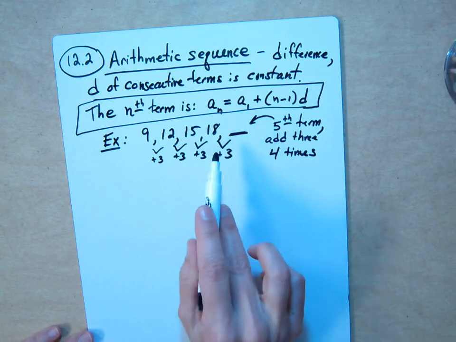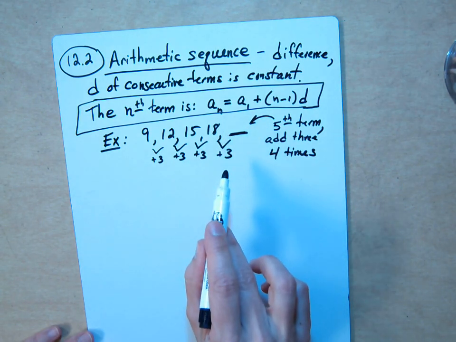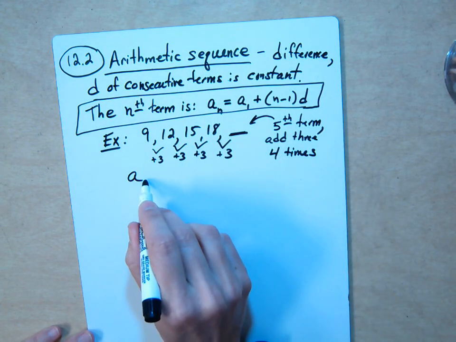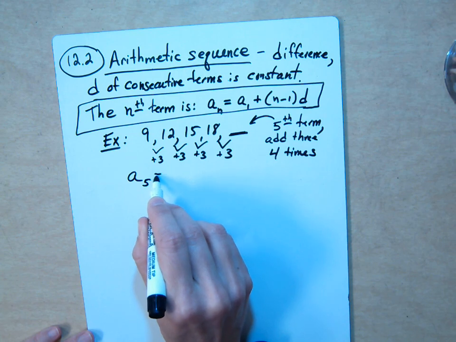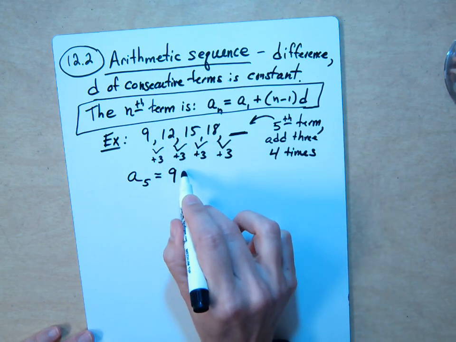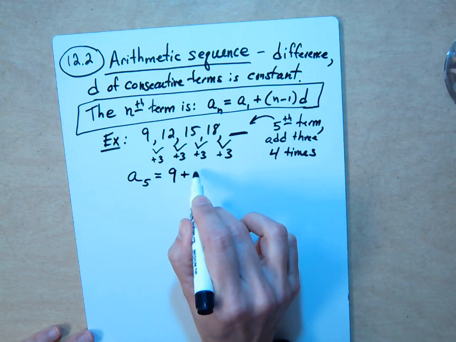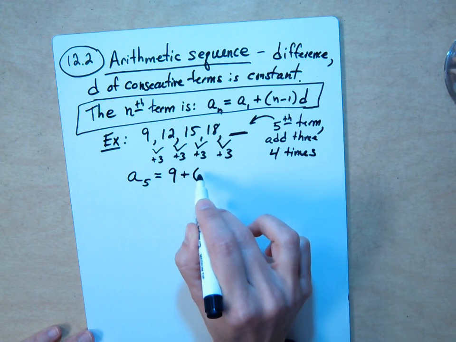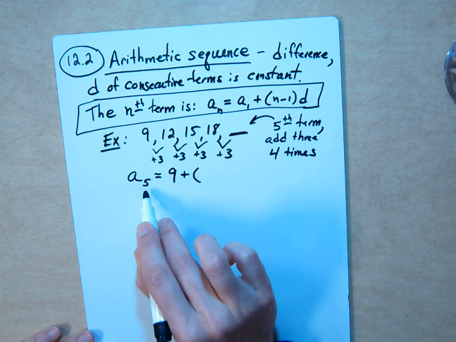So let's try this. A sub 5. Let's just plug things into this formula. The fifth term, a sub 5, equals the first term, 9. You have to start somewhere. And then you would add 3, n minus 1 times. N is 5 in this case.